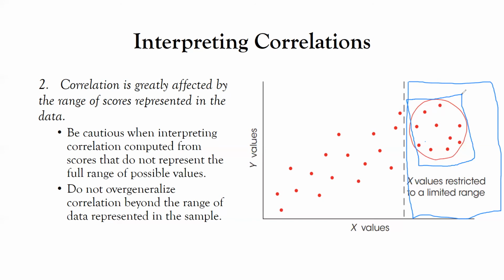But when you open your study to more people beyond the college population, you will find that there is actually a relationship there, a moderately strong or strong positive relationship, because as intelligence increases, creativity also increases. And that's what we mean. Let's not overgeneralize the results of correlation beyond the range of data represented in the sample.